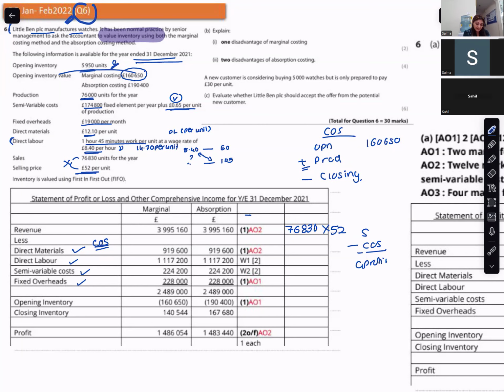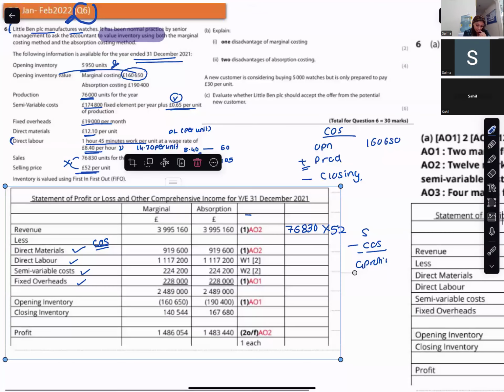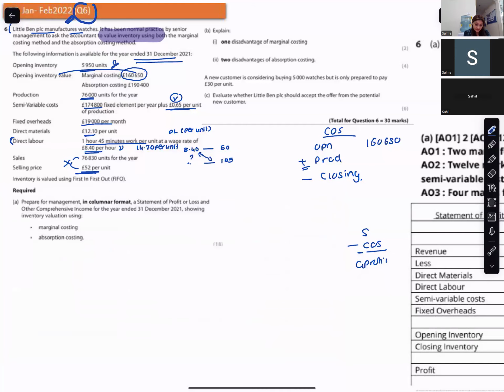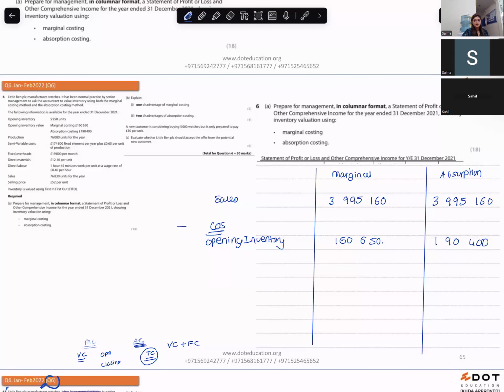Do you want me to prepare it together? Yeah, miss, that'd be better. Yeah, no problem. So we are doing the columnar form of marginal costing and absorption costing. You will first have your sales, right?